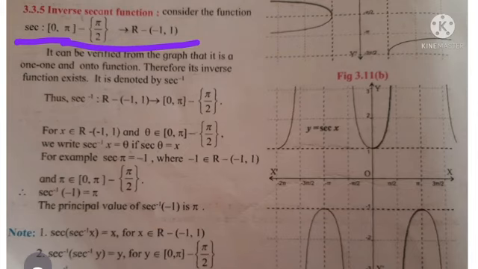So when the sec inverse exists, here you observe -1 to 1. If x belongs to R minus the interval -1 to 1 and y belongs to the closed interval 0 to pi minus pi by 2, then the inverse secant function exists.